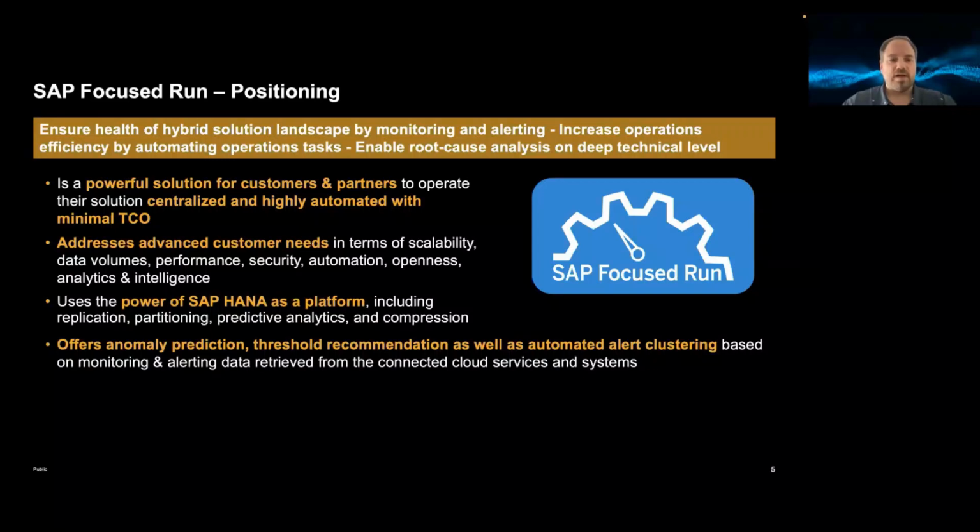We offer also an anomaly prediction, a threshold recommendation, as well as automated alert clustering based on the monitoring and alerting data, which we retrieve from the connected services and systems. So here we invest also heavily in this automation stuff so that you can simply expect what you need from the system.